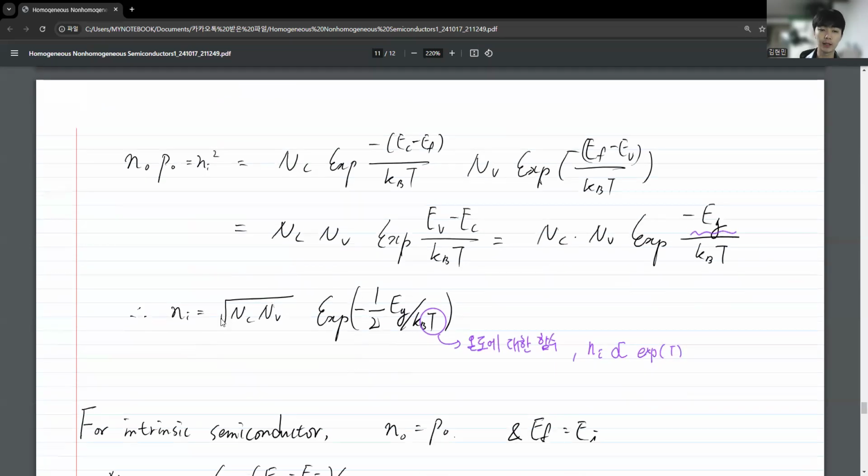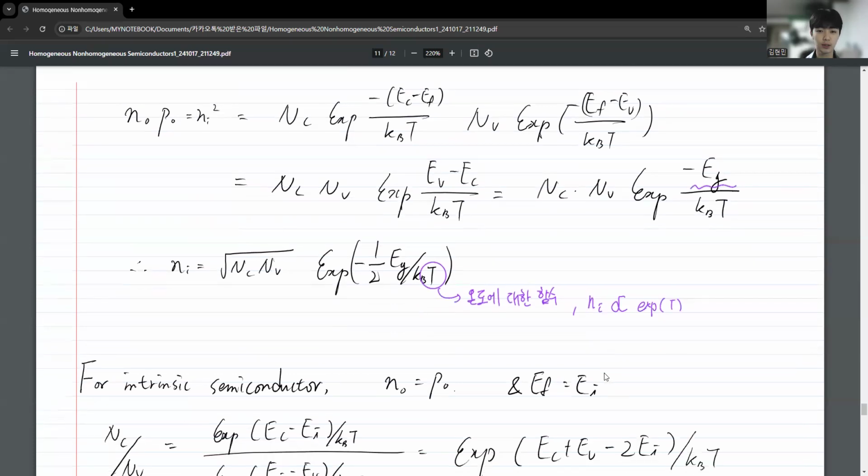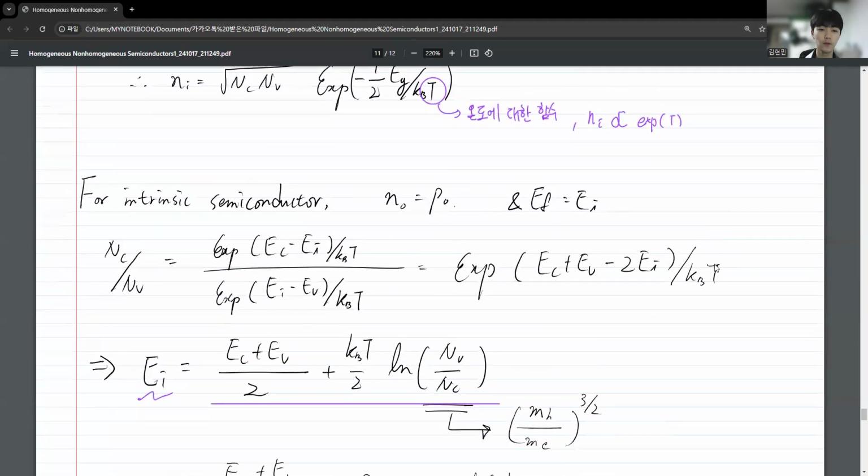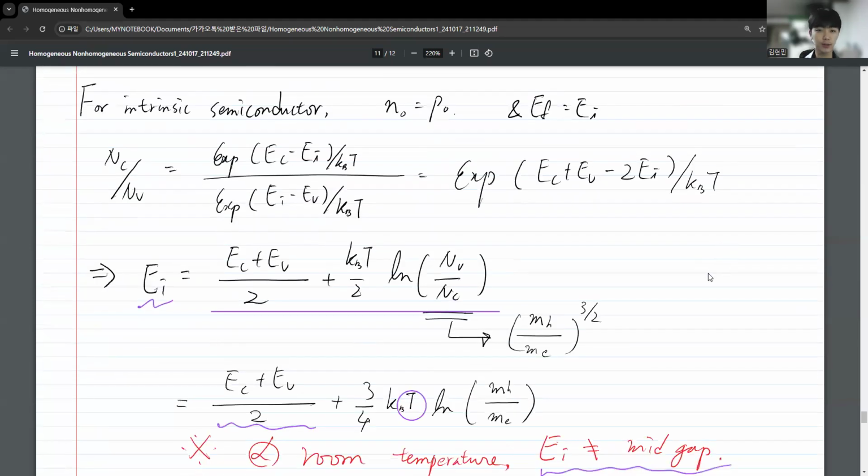So ni is a function of temperature, proportional to an exponential of heat. For an intrinsic semiconductor, n0 equals p0, so the Fermi energy level and the intrinsic energy level are equal.